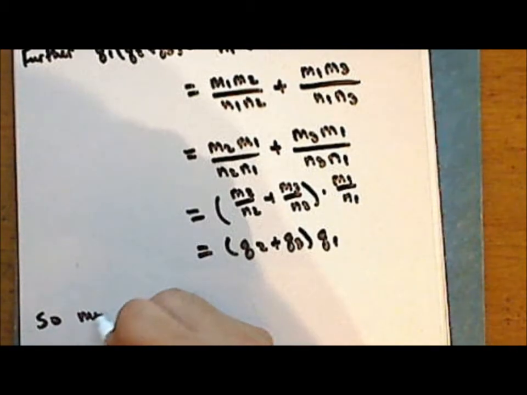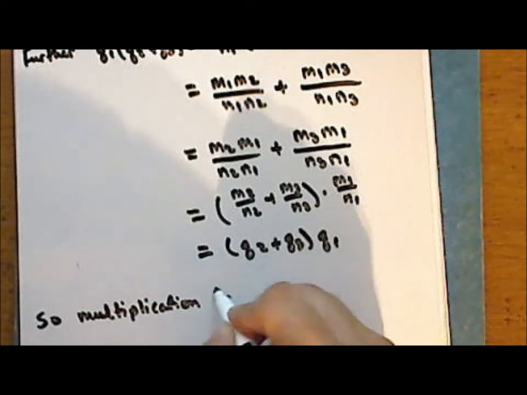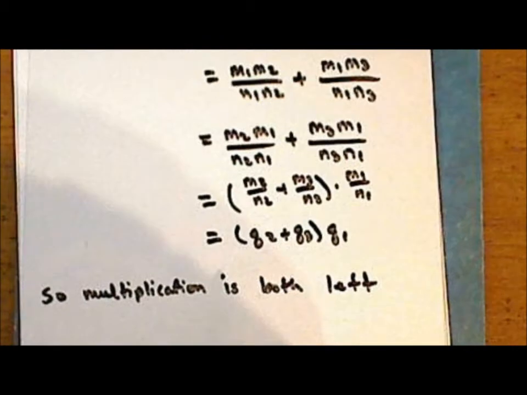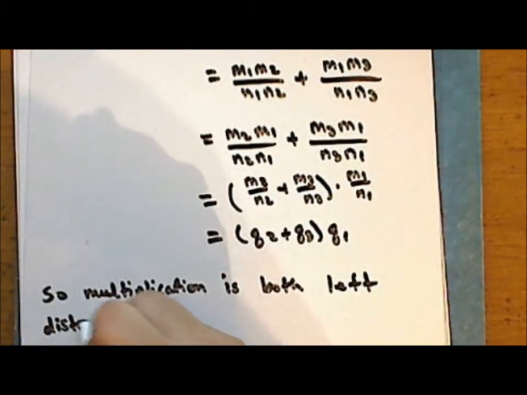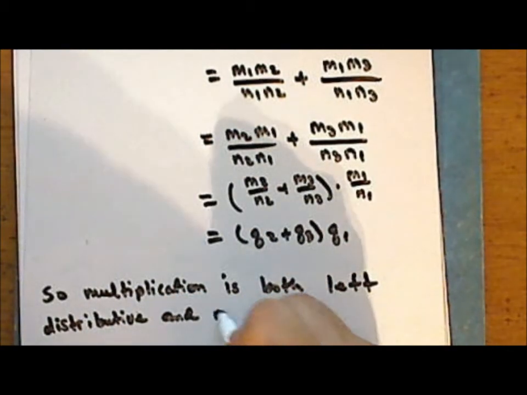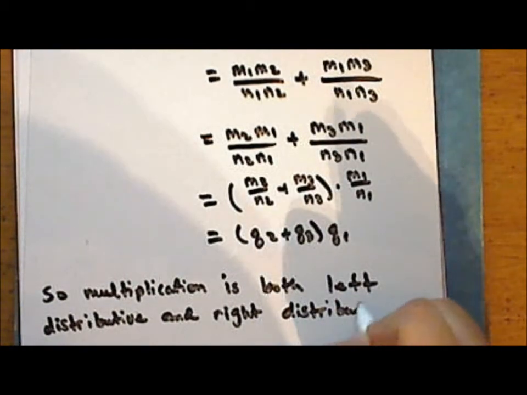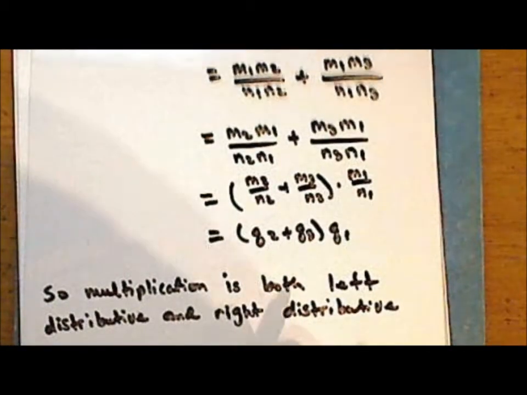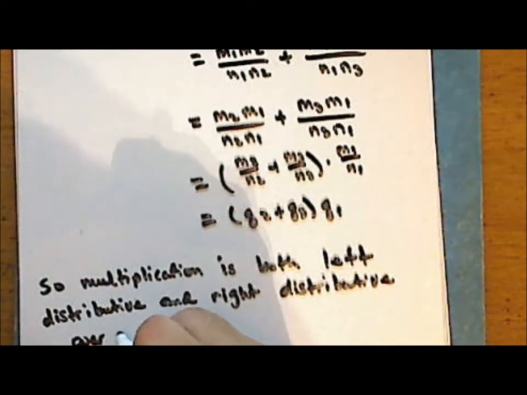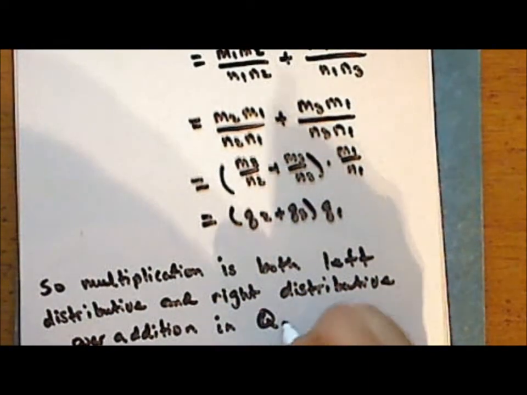And so multiplication is both left distributive and right distributive over addition in the rationals.